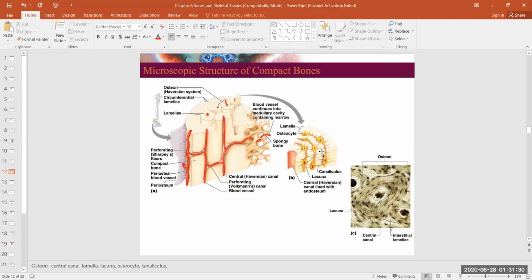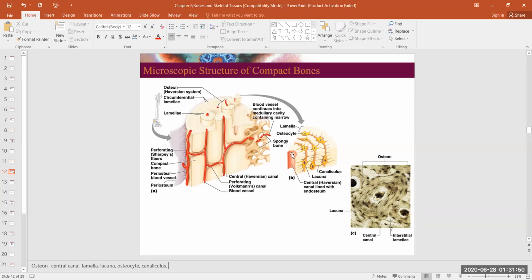Now, if you see the cartilage, in the cartilage there will be a similar cavity here, and there will be matrix. But the cartilage cell will not be the osteocyte. That will be chondrocytes. When bone develops, these cells are young and called osteoblasts.